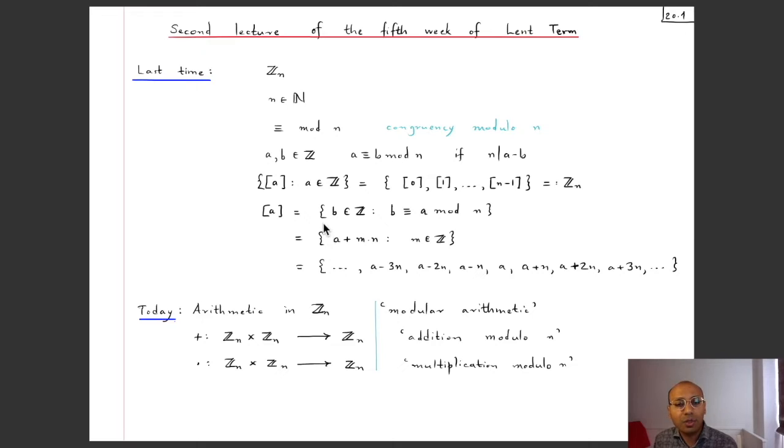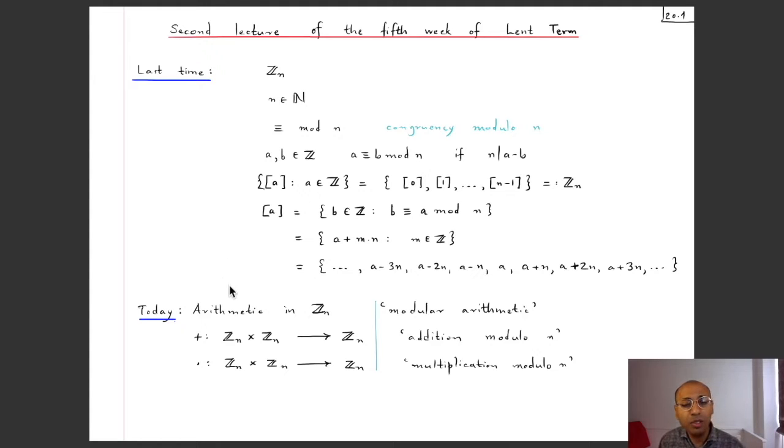And last time we saw that in fact this set of b's is exactly the set of all elements a plus m times n, where m is any integer. So this set looks like this. It has these elements a plus n, a plus 2n, a plus 3n, and so on the one hand, and a minus n, a minus 2n, a minus 3n, and so on the other hand. Okay, so that's this set Zn of such equivalence classes.